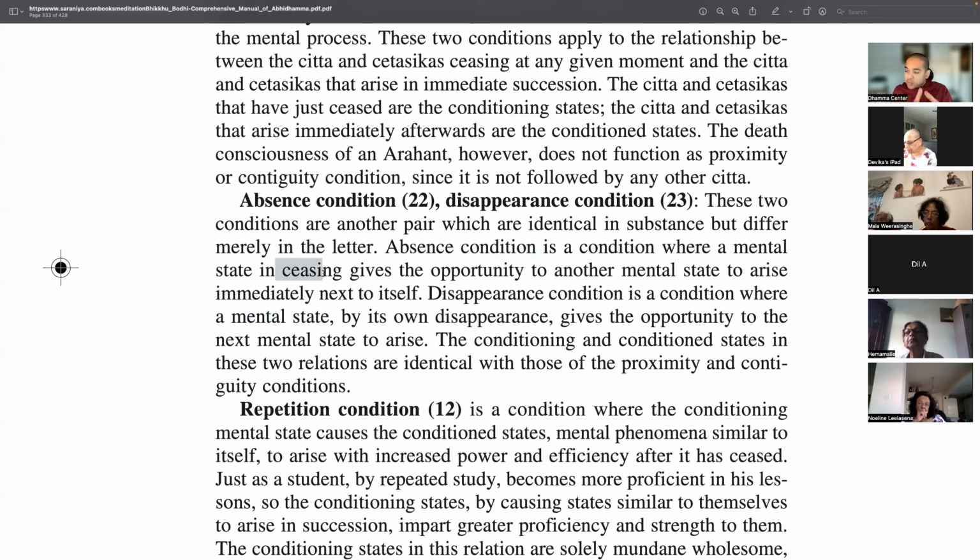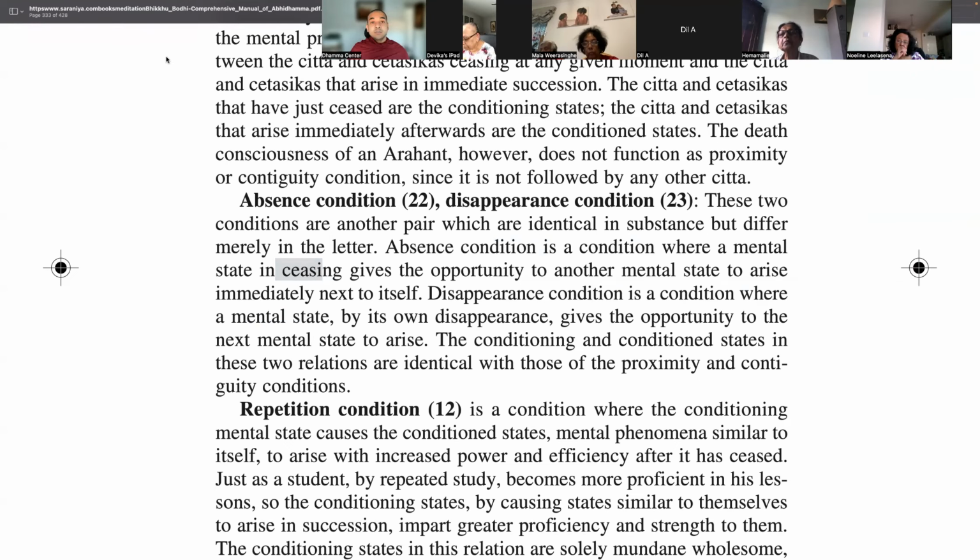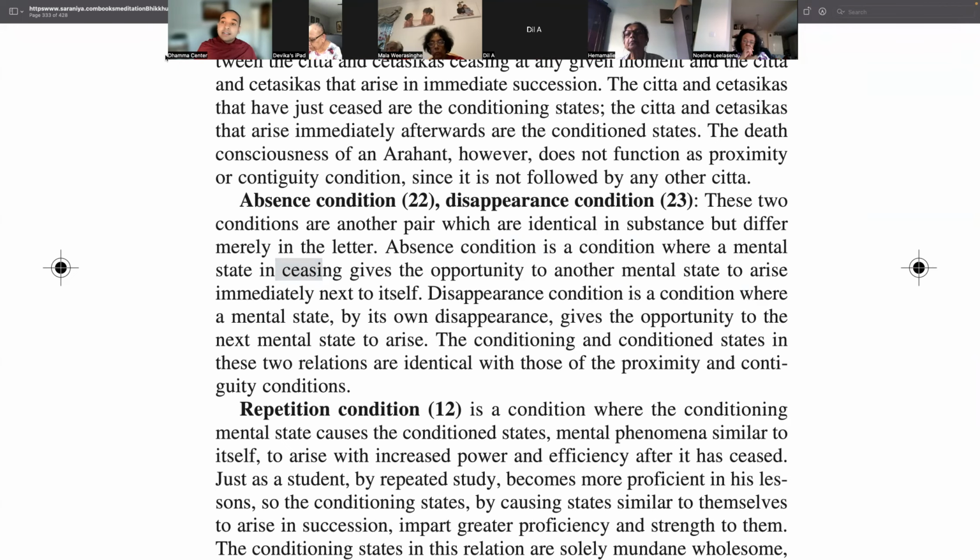That mental state is absent. In that fact, now another consciousness together with the respective mental states can arise. By the fact of disappearing condition, the difference here remains to be by the fact of being conditioned by its disappearing nature. Do you understand the difference? Conditioned by its disappearing nature gives the opportunity for the mental state to arise.